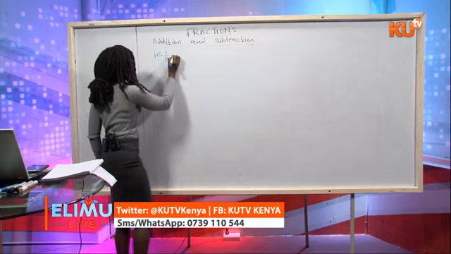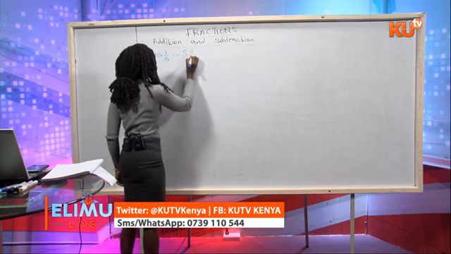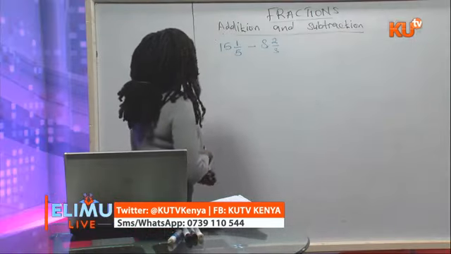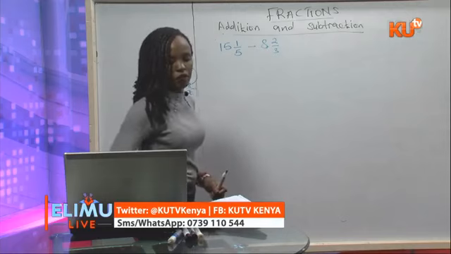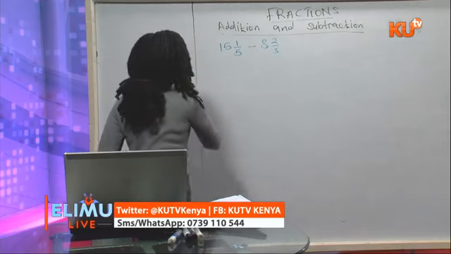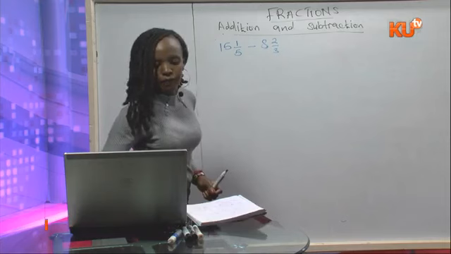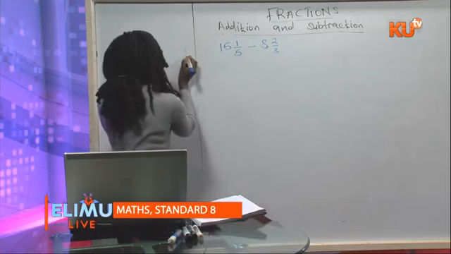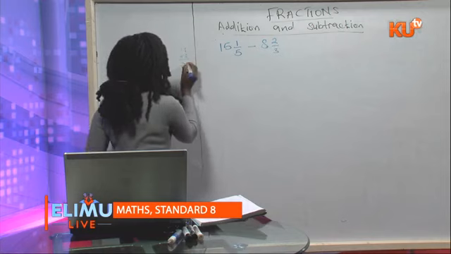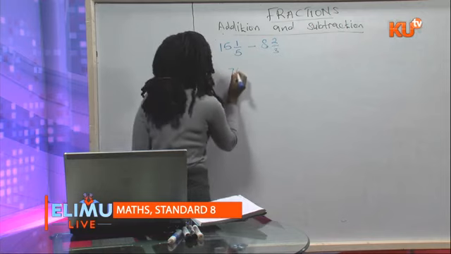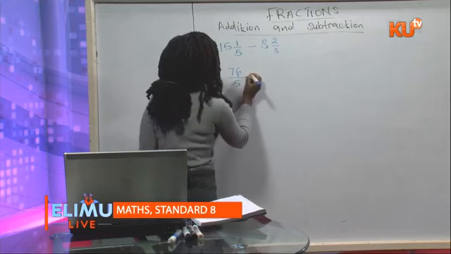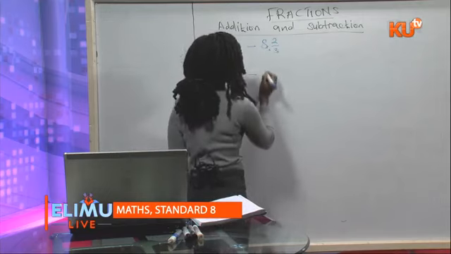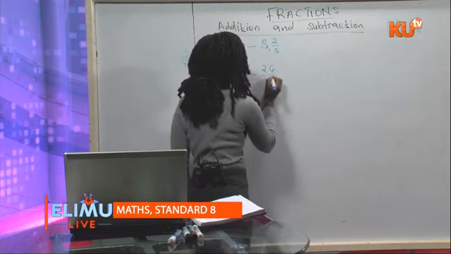So we start by changing to improper fractions. 15 times 5 is 75. 75 plus 1, we get 76 over 5, minus 3 times 8, 24, plus 2, we get 26 over 3.